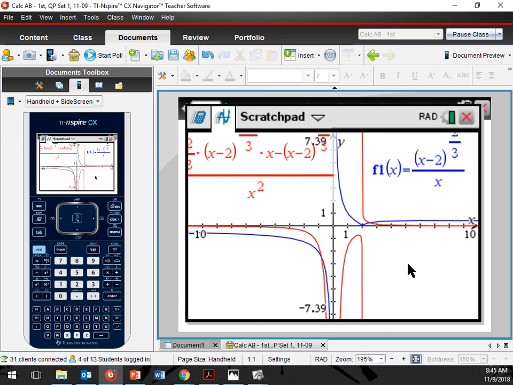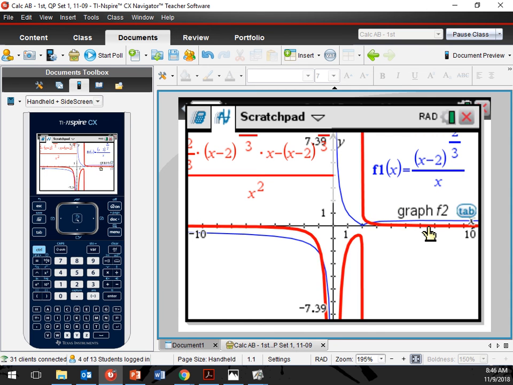Here it's not existing at 2. You're saying that the derivative does not exist there, right? Yeah. We're going to get more into that when we have our second derivative too. So the graph does exist, but the derivative does not at 2. So yes, that would be a critical number. Now, what did we come up with here?